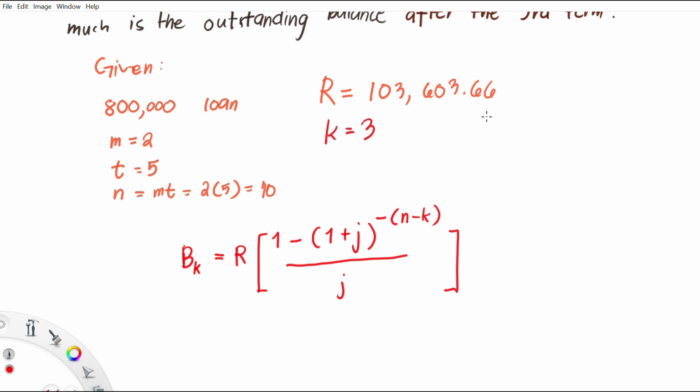So note that our interest rate for the semi-annual is 10%, which is 0.10.